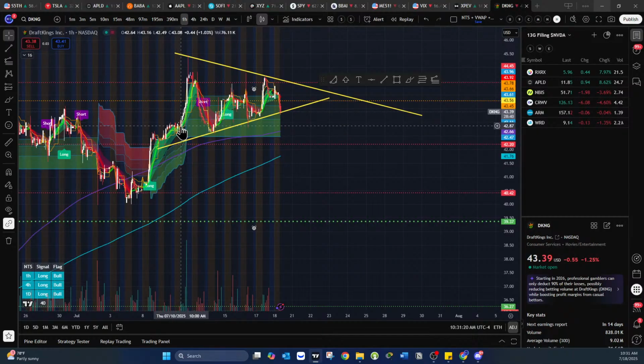I do like this area though, with the 42.66. I still might take a stab here at a swing trade. Let me see. 43 call.